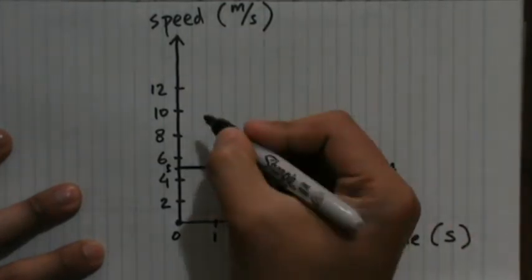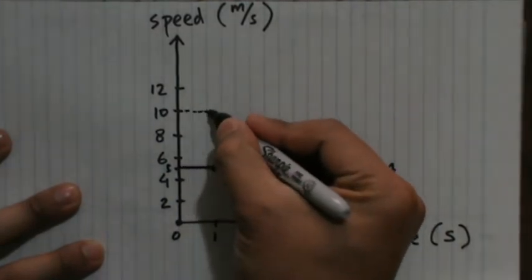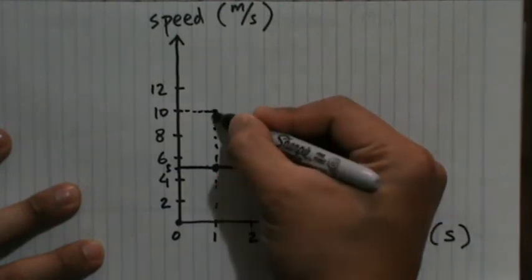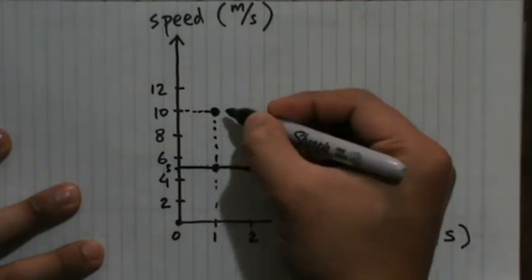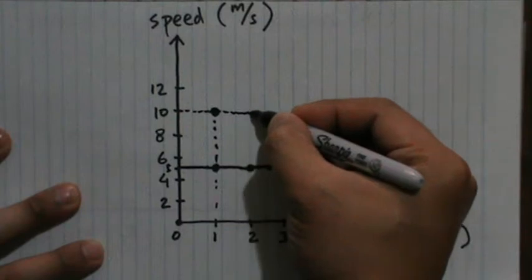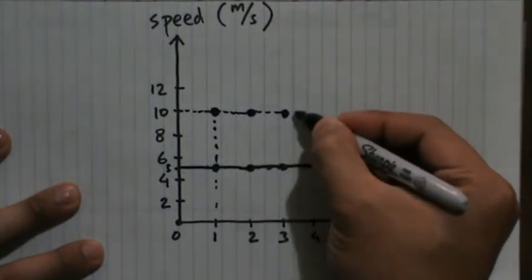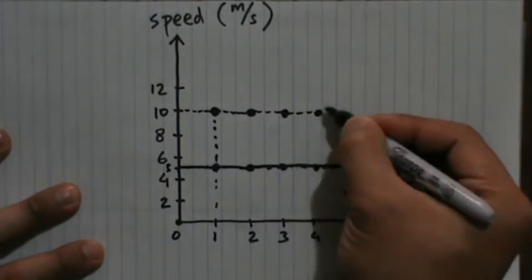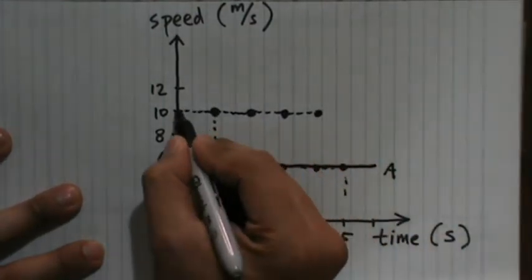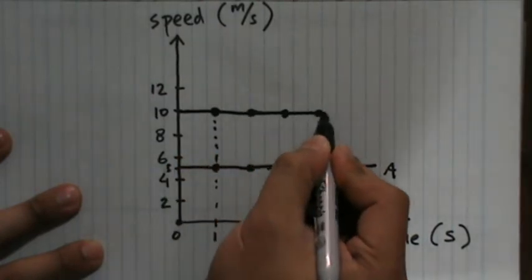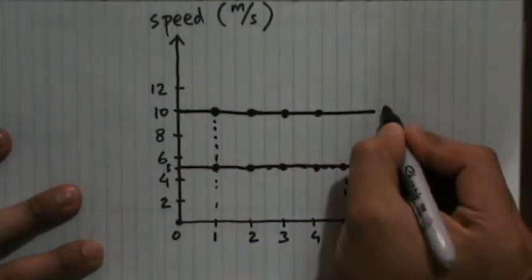And for car B, since the speed is 10, the value will be here, and then the same. If you connect these points, you will get a horizontal line.